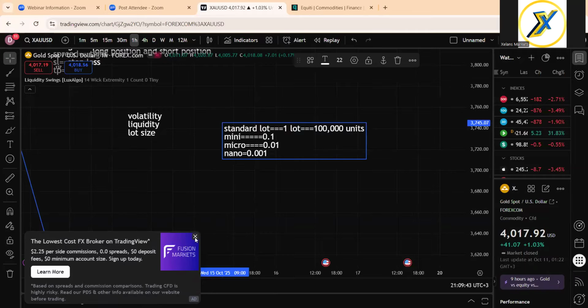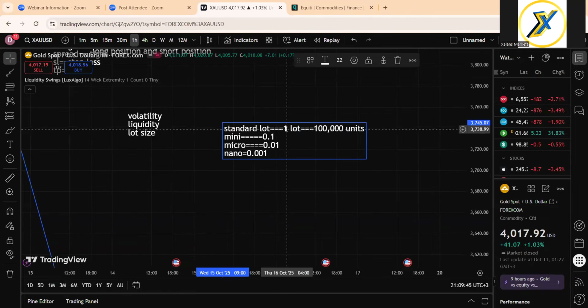For every one lot, if the currency pair moves 1 pip in your favor, it is as if you bought 100,000 units. But if it's moving against you, you're going to lose as if you had bought 100,000 units.